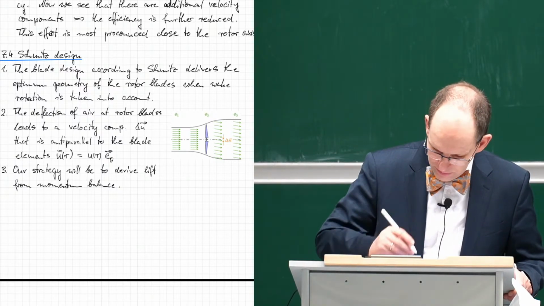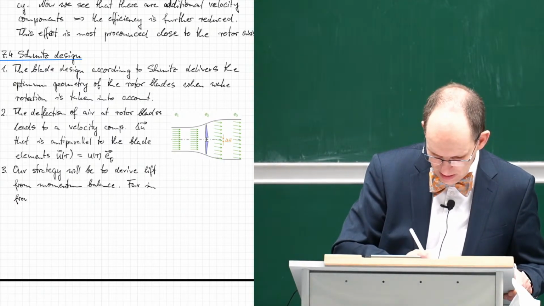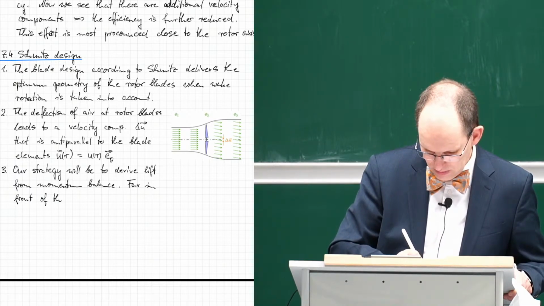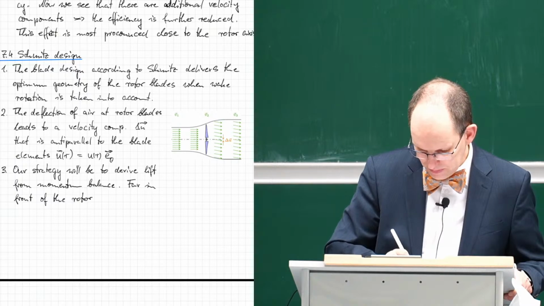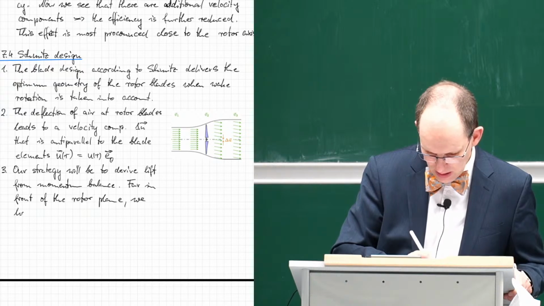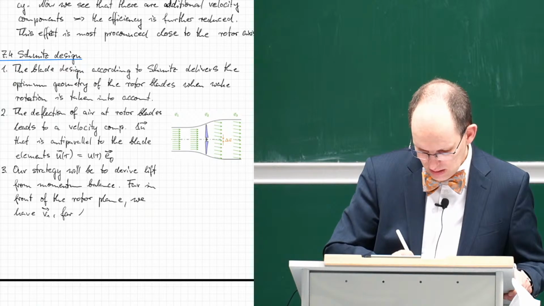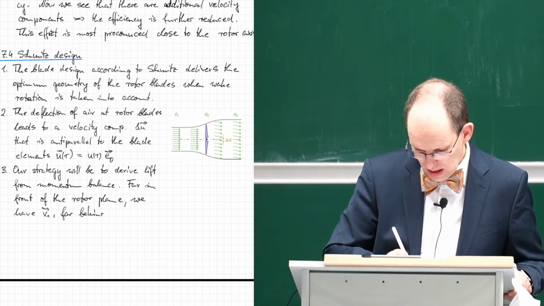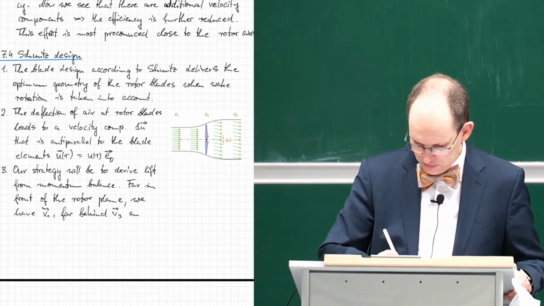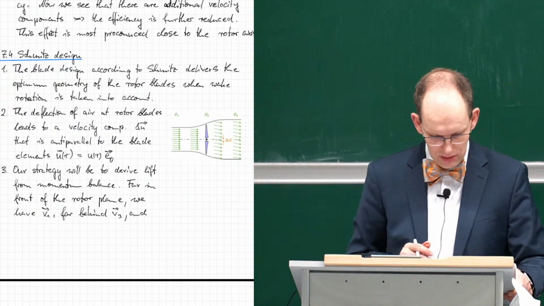So far in front of the rotor plane we have v1, far behind we have v3, and the difference is delta C, and delta U is just a component of that.